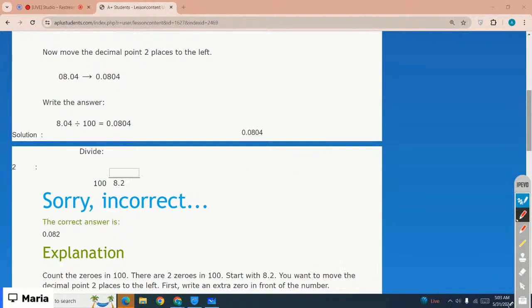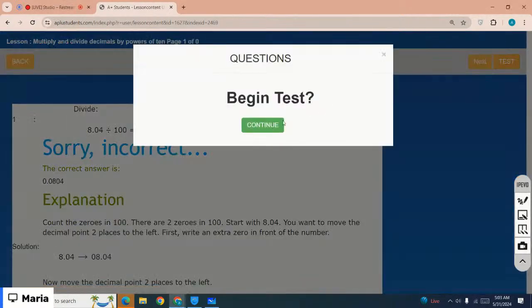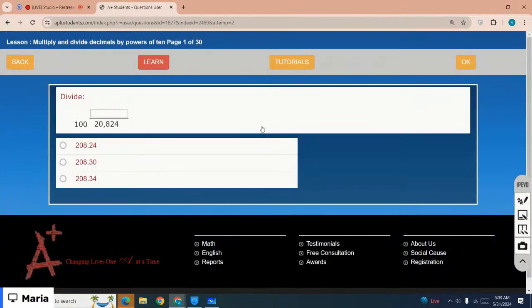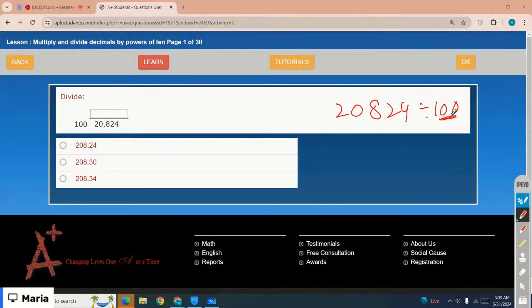Let's start with the test questions. 20,824, you have to divide it by 100. 100 has two zeros. That means you need to move the decimal point two places left.